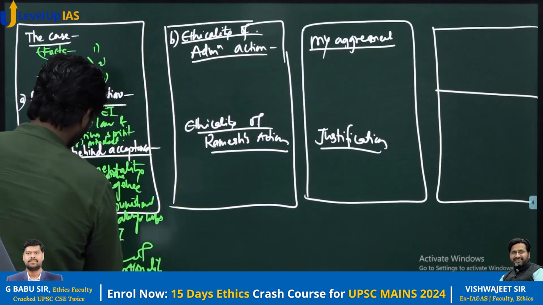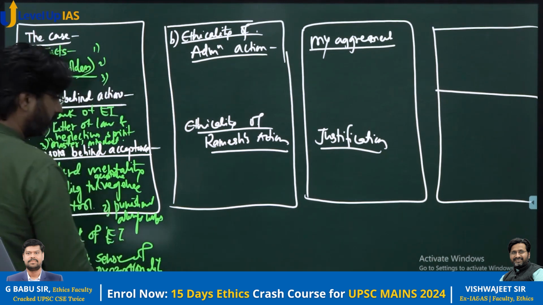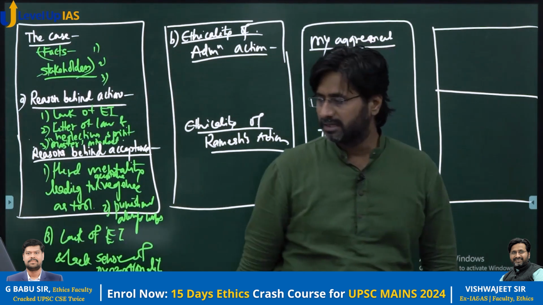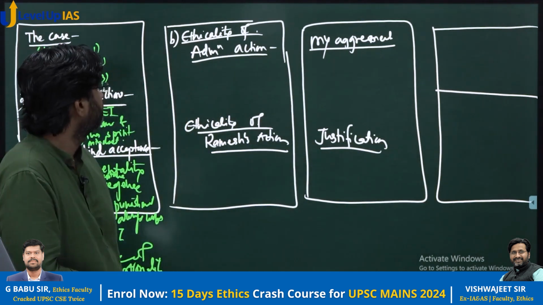Okay, then acceptance for tit for tat. Eye for an eye. Instead of tit for tat, you can write eye for an eye. These are the reasons because of which there is a sense of acceptance.